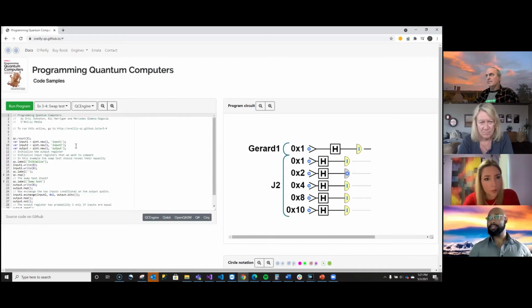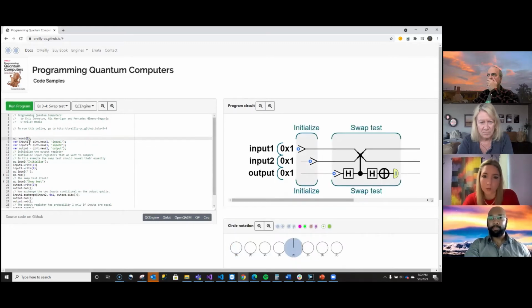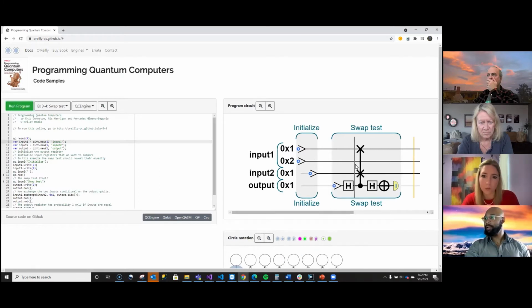But I would love to see in the other languages a register where they're adding different qubits. Like here, I know for a fact that if I set 4 qubits and I add 2 here, it's going to show.